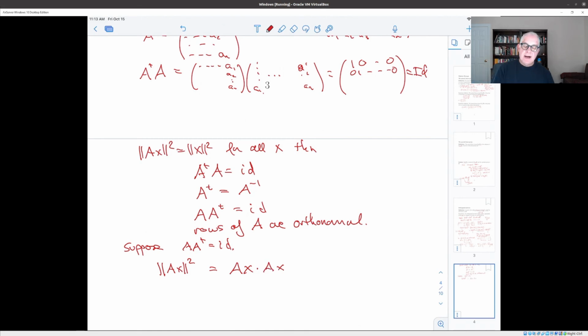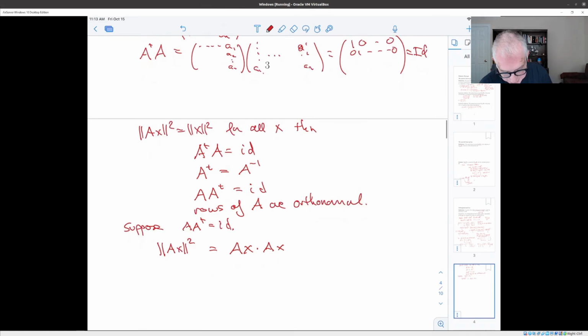And here, I'm going to use another algebraic version of the dot product. If V is a column vector, V1 down to Vn, then one way to think about the dot product is that you can take the transpose of V, which is the row vector V1 up to Vn, and then do matrix multiplication, V transpose times V, to get the dot product V dot V.